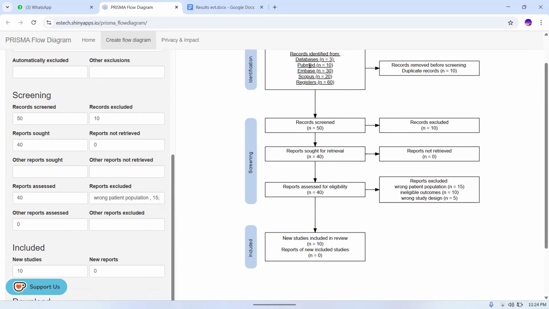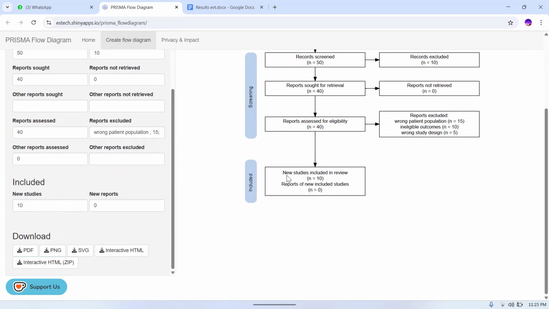These individual registers we remember by running our search strategy through different databases, and we come to know how many articles we imported from different databases. Okay, so now 10 articles were included, new studies included in review. It's 10 and new reports of new study, nothing.